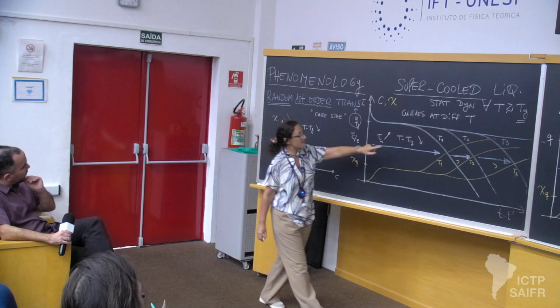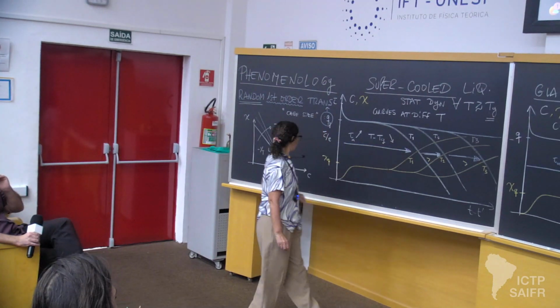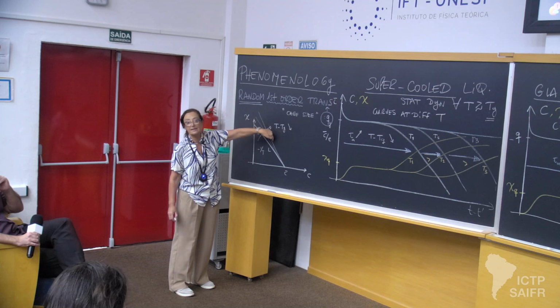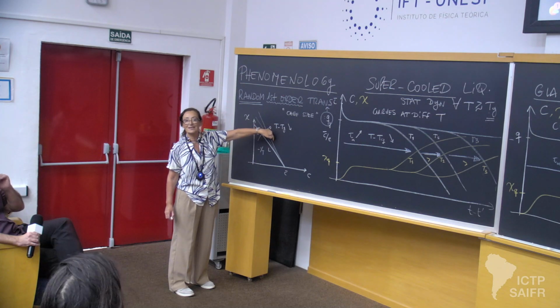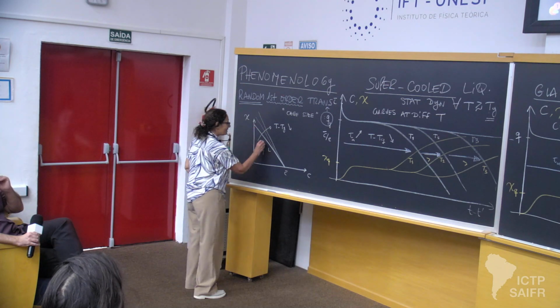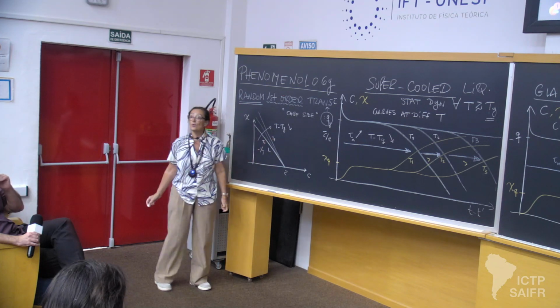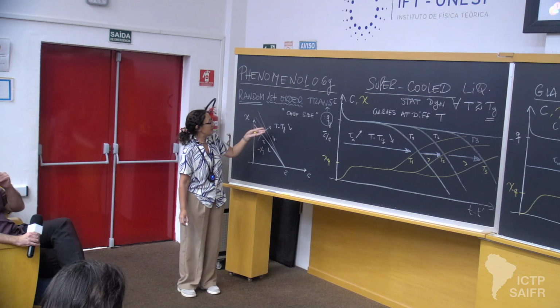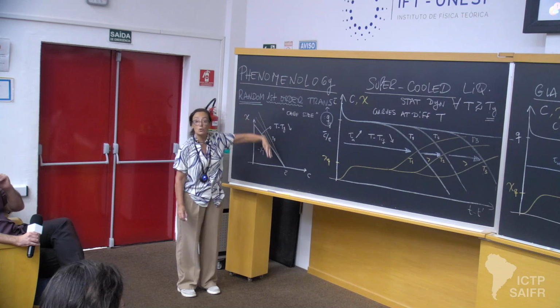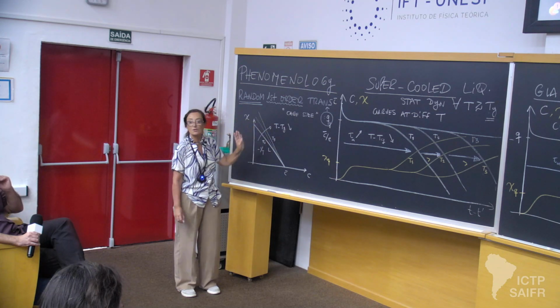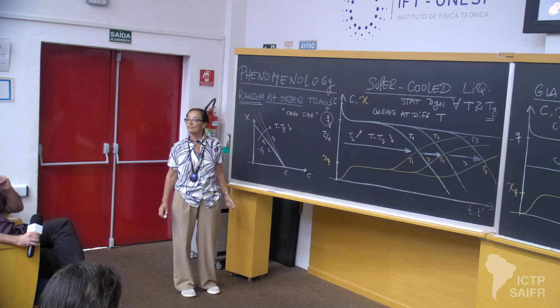So this T1 is higher, so the slope is smaller, and this T3 is lower, so this slope is higher. So this would be the one for T1, this would be the one for T3, and so on and so forth. So as temperature decreases, these curves become more vertical in a sense. But they are all straight lines with no other features in it. Okay?